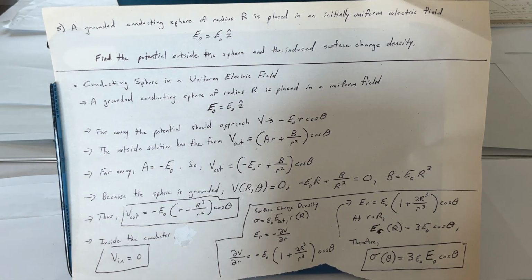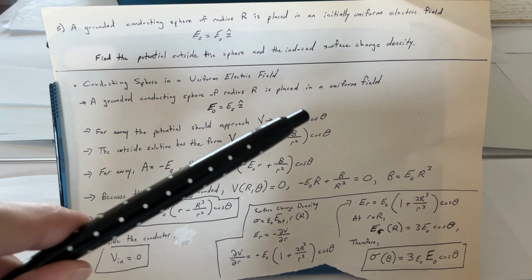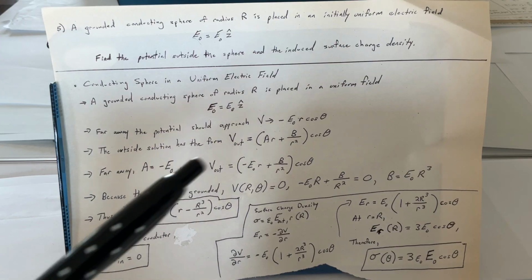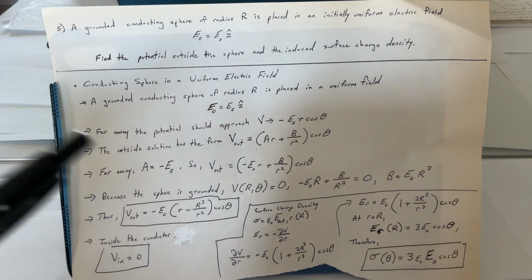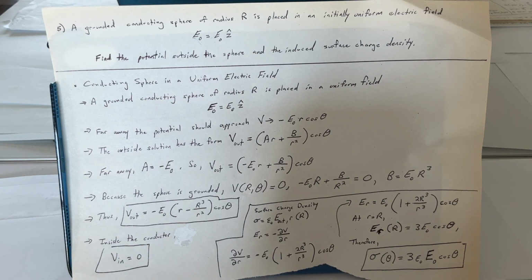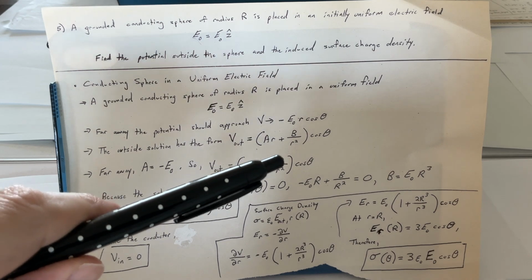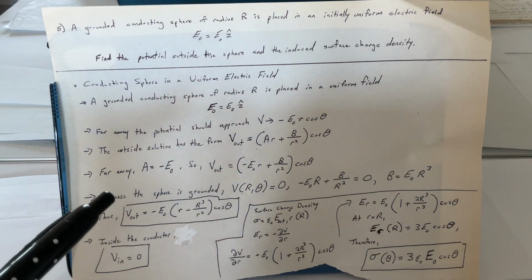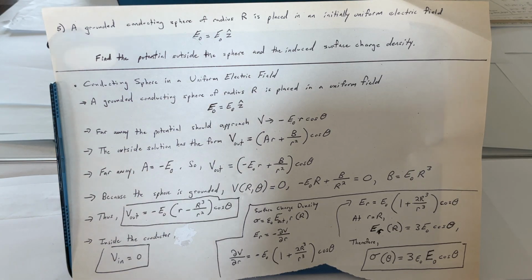Far away, the potential should approach V approaching negative E naught r cosine theta. The outside solution has the form V out equals the quantity A r plus B over r squared, times cosine theta. Far away, A equals negative E naught, so V out equals negative E naught r plus B over r squared times cosine theta. Because the sphere is grounded, V of capital R, theta equals 0.